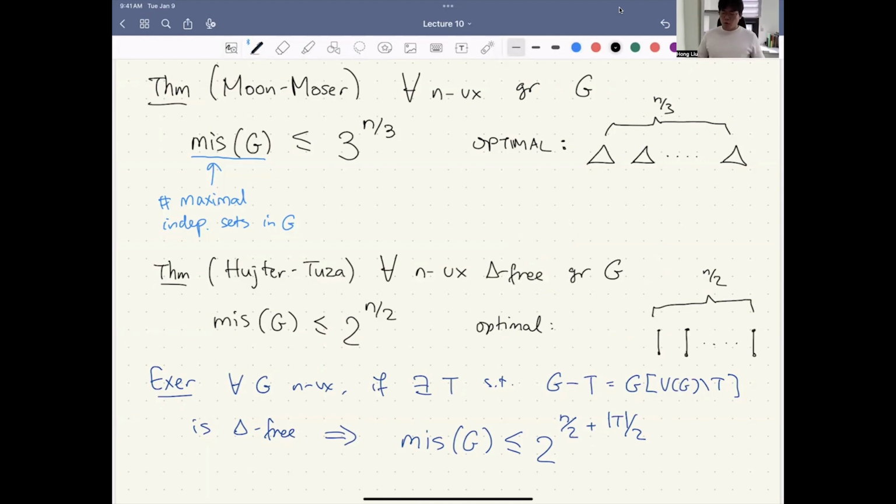If you look at this example, forget about triangles, but without forbidding triangles, can we improve it? One thing one can consider is that this graph is quite sparse. It's too regular, every vertex has very low degree. What if the minimum degree or average degree is very high, and the graph is close to regular? Can we improve this bound? And the answer is yes.